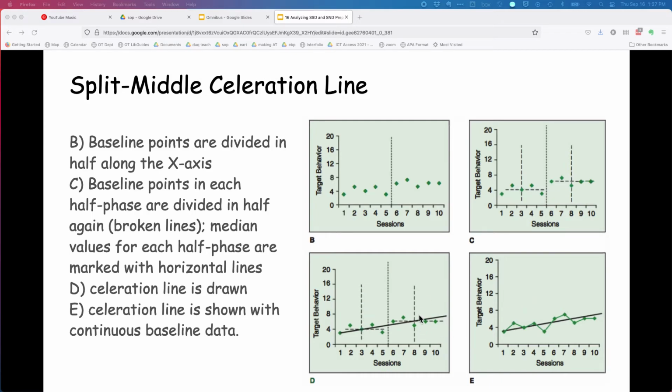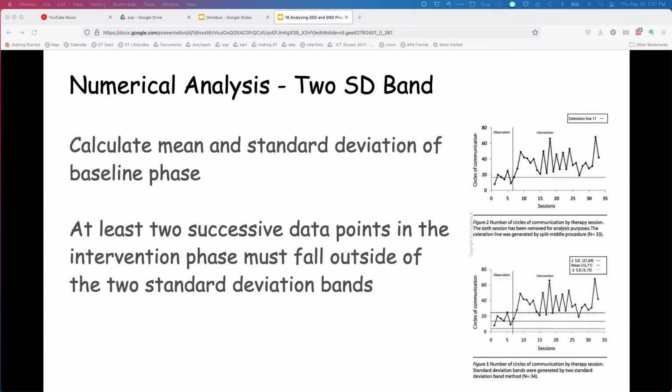Same thing over here. And connect those two dots. That's your deceleration line.